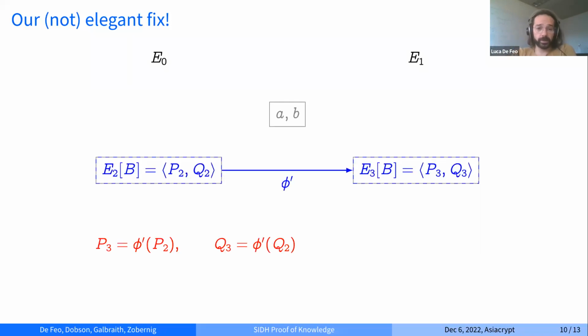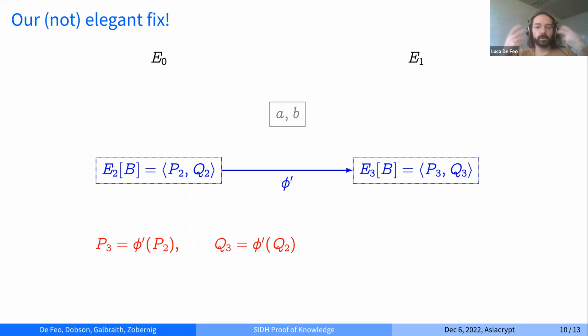So the first answer I can give, let's start, for example, from being challenged to reveal the bottom isogeny. So in this case, I can open the lower side of the square. I can reveal phi prime. But I will also open my commitments.